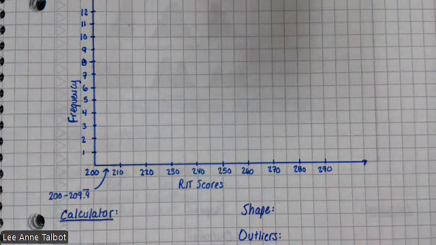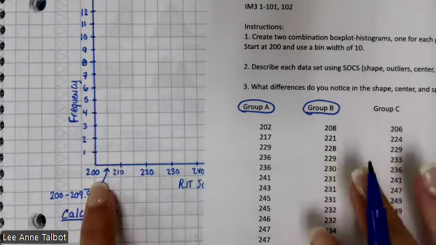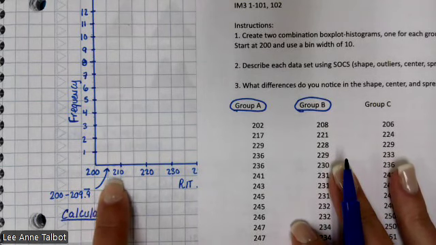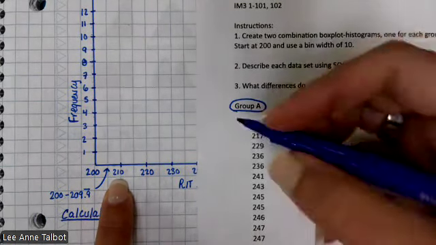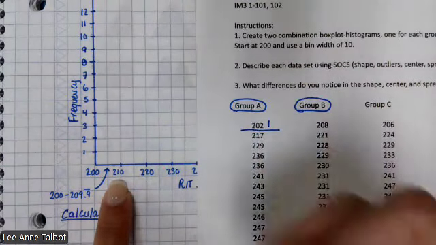Okay, now we're going to go back to our data and count. How many scores do we have in the 200 bin? Yeah, one. Okay, so we're going to draw a line here and we're going to put one. That's the frequency.